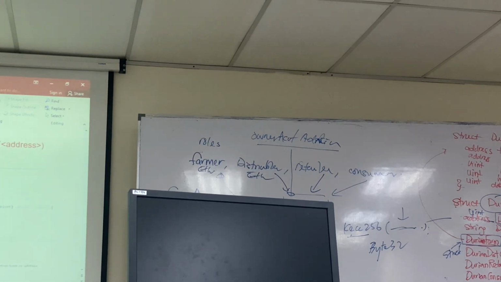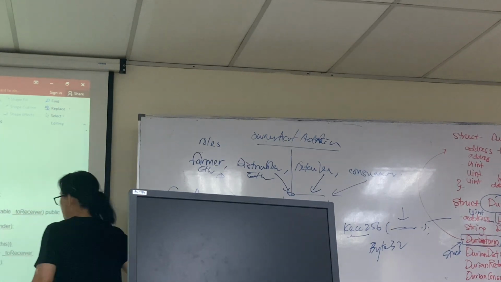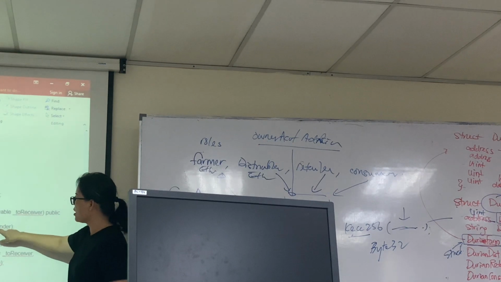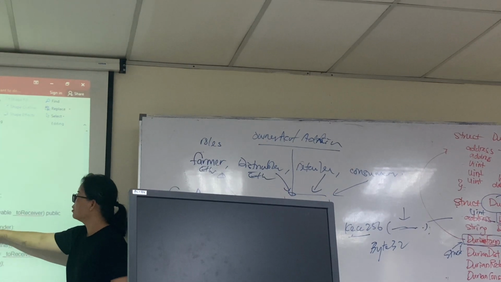Over here I have another sample, sample number 2. You can see that the difference between sample 1 and sample 2 is that I'm using the buyer instead of the payable.